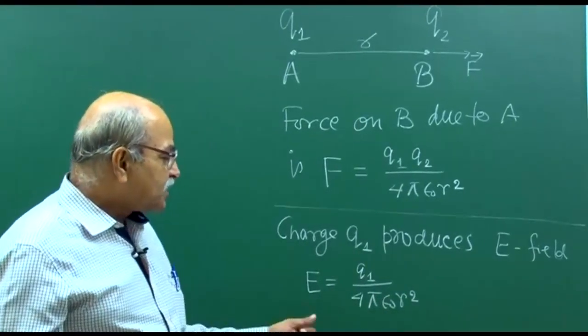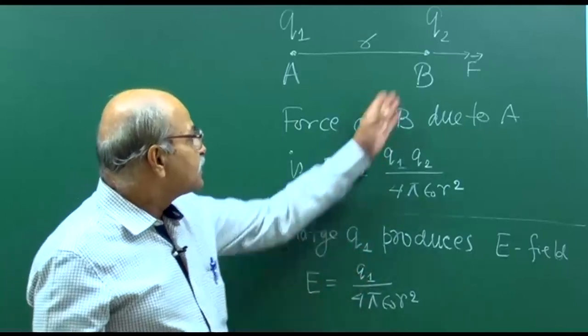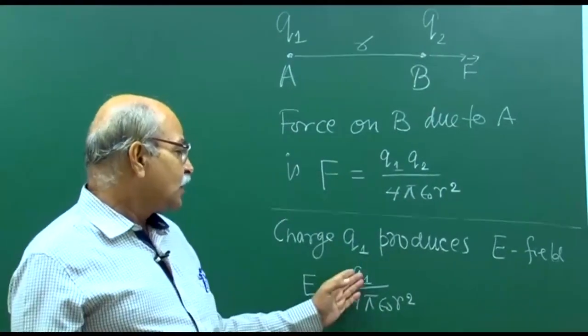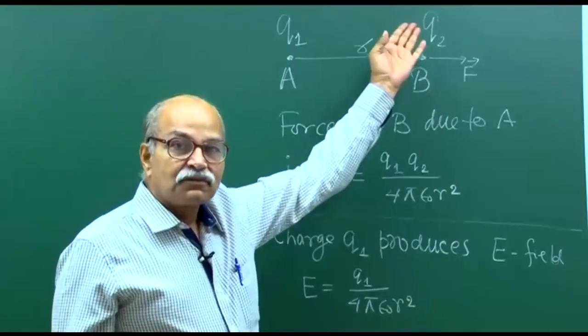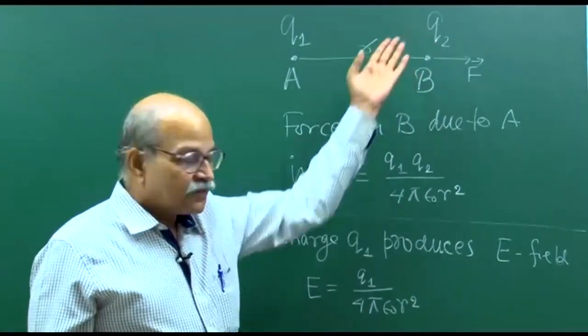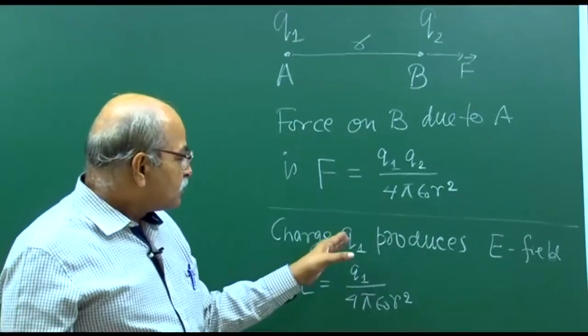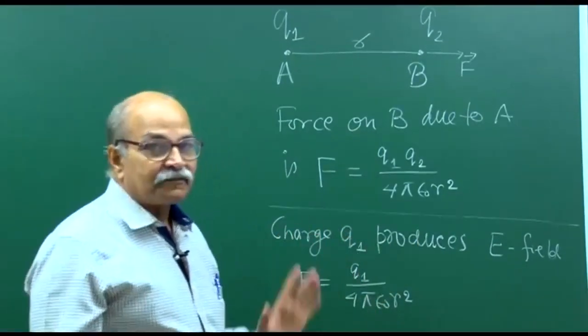And in which direction? If this Q1 is positive, it is away from A, away from that charge. If Q1 is negative, it is towards that charge. So, that is the rule for a charge producing electric field.